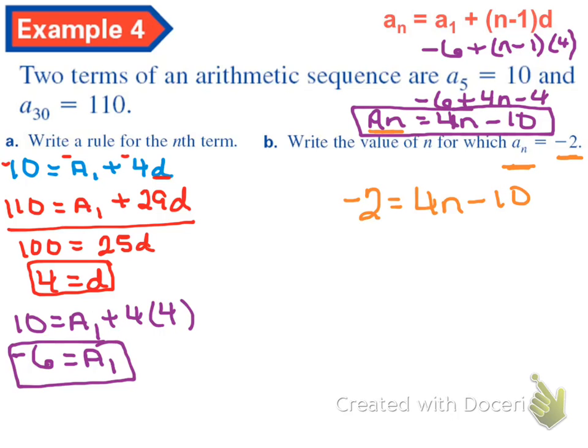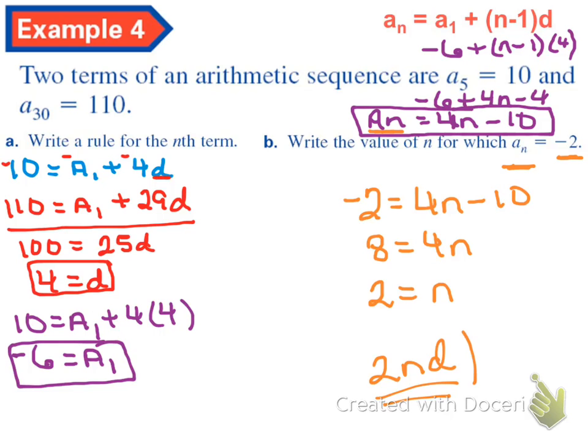Add 10 to both sides, so you have 8 is equal to 4n. Divide both sides by 4, and you find that n would be equal to 2. So it's the second term that would give you a value of -2.